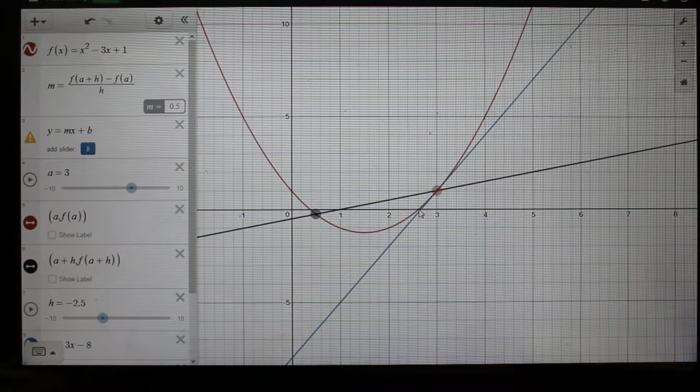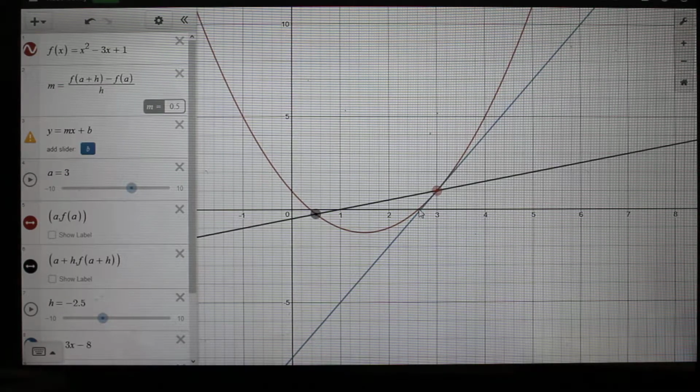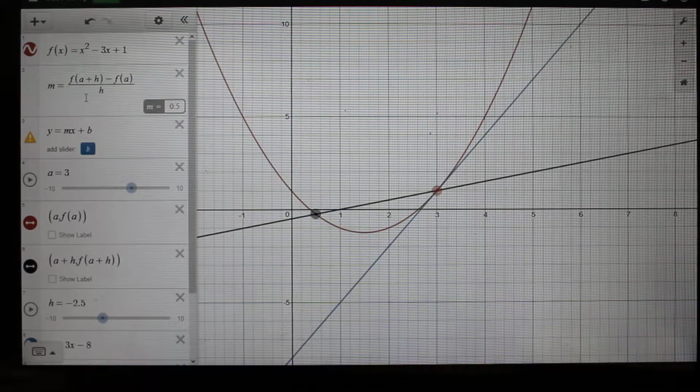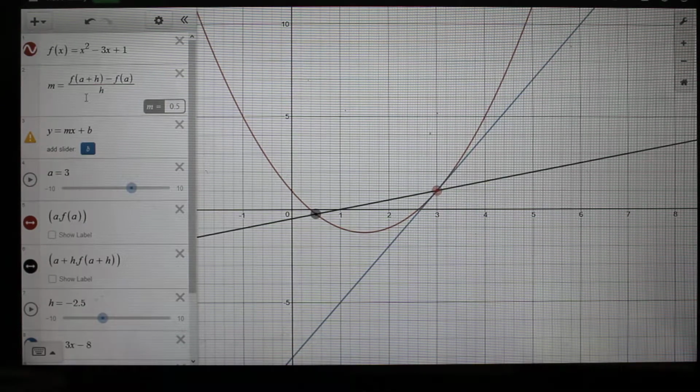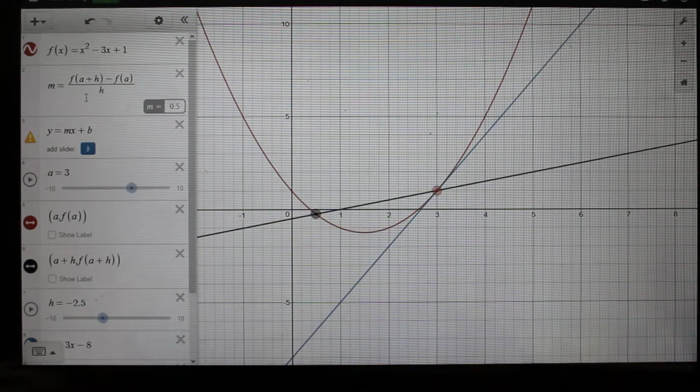Now in our former class, we learned that the slope of the secant becomes this, from the formula f(a + h) minus f(a), over a + h minus a, but the a's cancel out, leaving h.